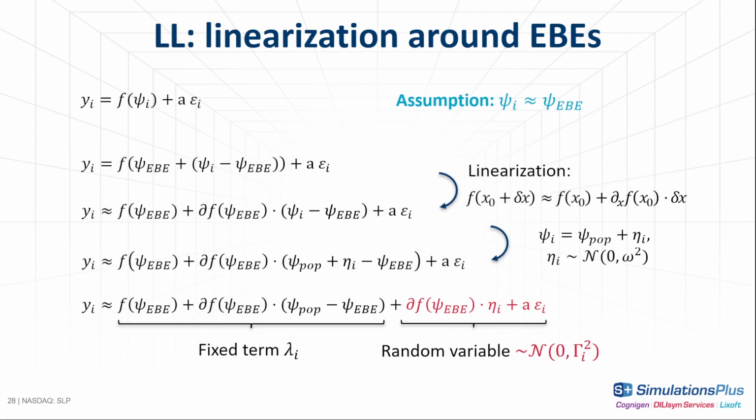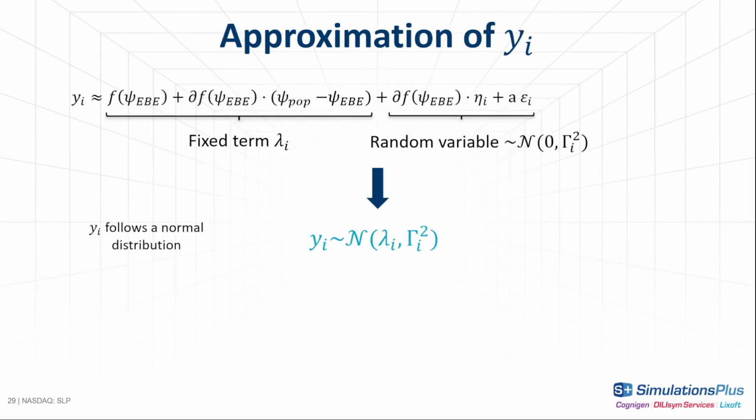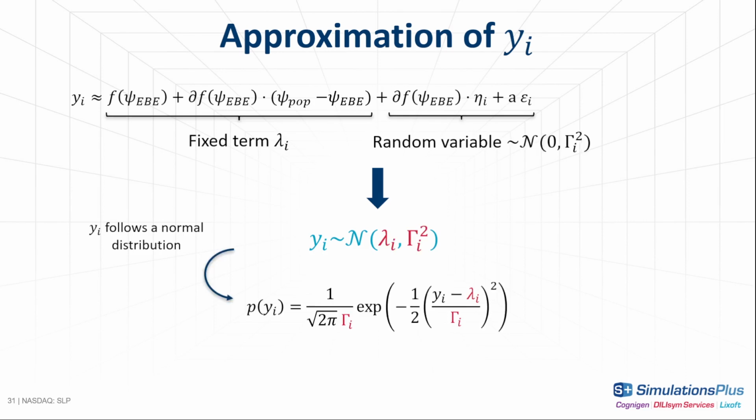Here we know all the components to calculate lambda and gamma. It means that the observed data for each individual are approximated by the normal distribution with a mean lambda and a standard deviation gamma. Now we can easily calculate the probability of the observed data using the formula for the probability density function of a normal variable.